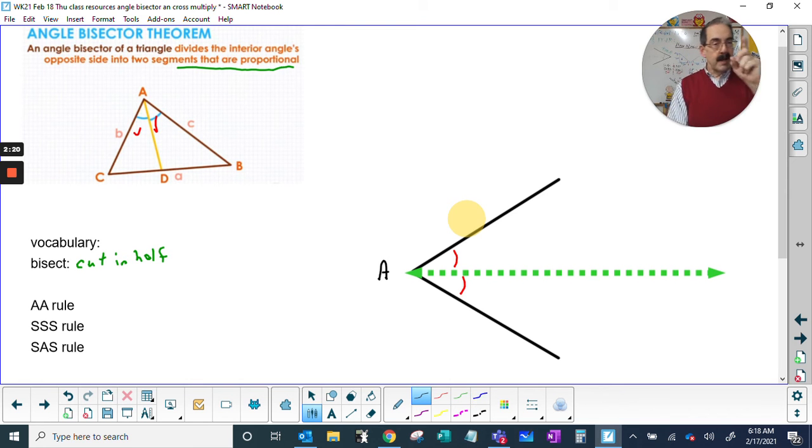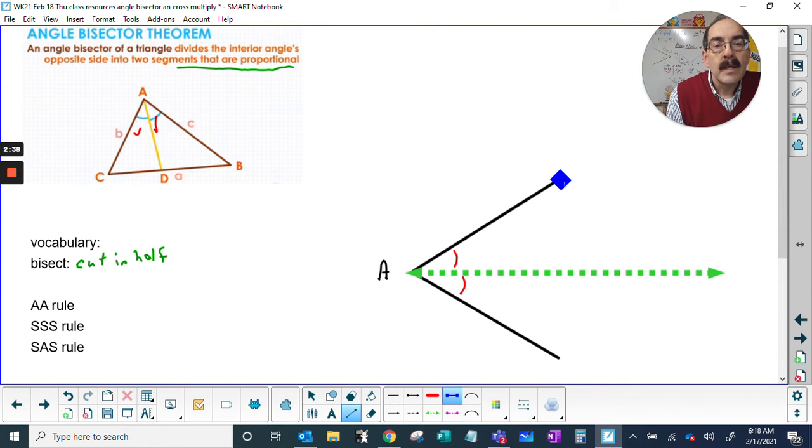Now to prove that this works, I would like you to create a line that's 90 degrees. So we're going to attach a line at 90 degrees. Boom.